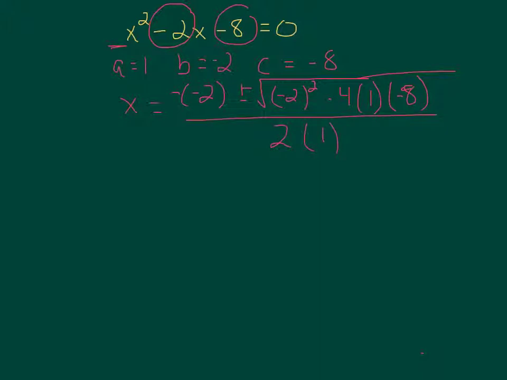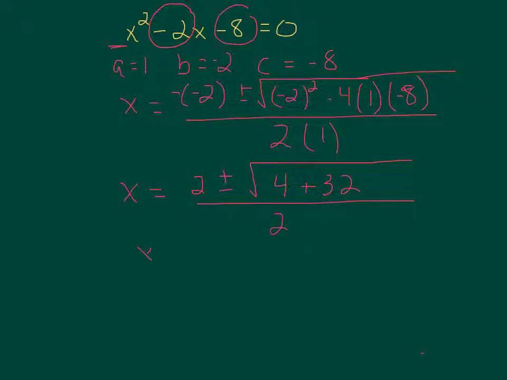Then you go through and solve each part. So we get x equals negative negative 2 is 2, plus or minus the square root. Negative 2 squared is 4, minus 4 times 1 times negative 8. So negative 4 times 1 is negative 4, and then negative 4 times negative 8 is positive 32, all over 2 times 1, which is 2.